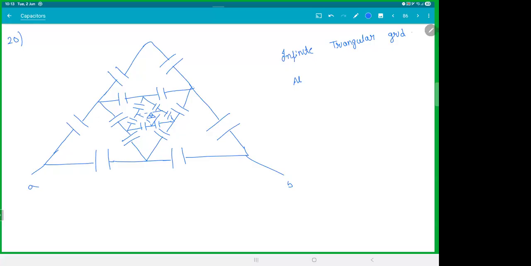All capacitors are C. Find CAB. So the outer triangle, inside you join the midpoints with one more triangle, then join that midpoint with one more triangle, and you just keep getting triangles till infinity. So this is like an infinite ladder. So let's see how will you handle this.